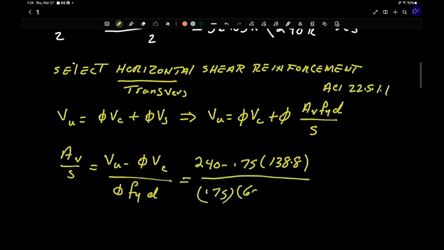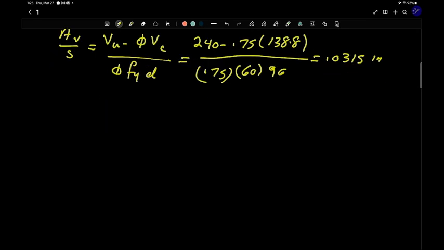We're going to use 60 ksi, and our d was 96 inch. So that will give us 0.0315 inch. Now remember, when you have this number, our Av is a 2-bar cross-sectional area, because we have 2 layers of horizontal bar that we're going to place.